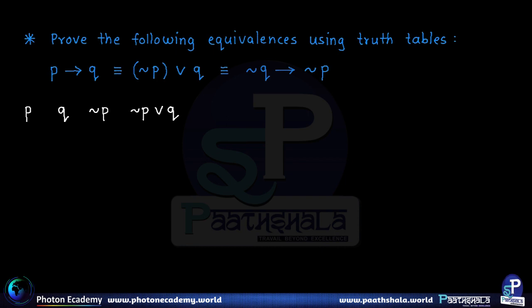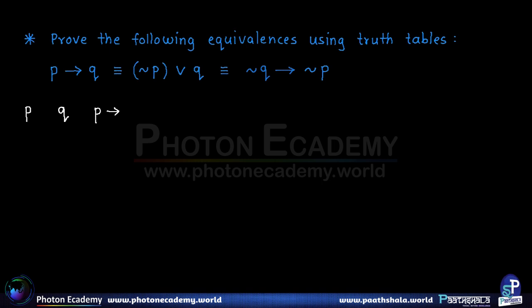So let us make a slight change. We'll first add the column of implication so that it comes in the correct order. Then we have negation P, then negation P or Q, which gives us the second statement.